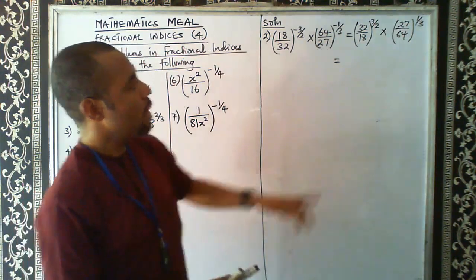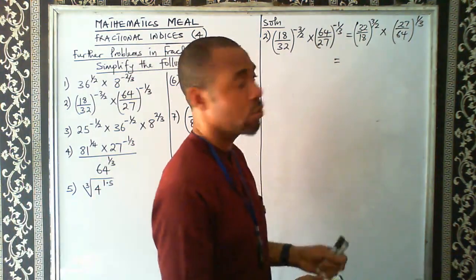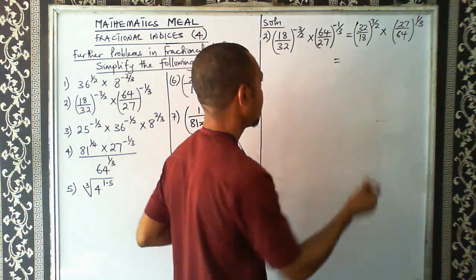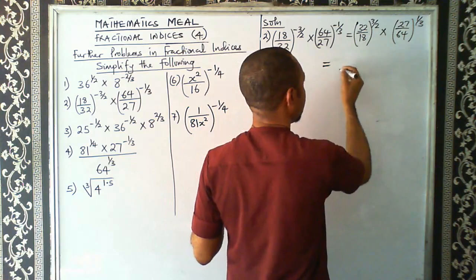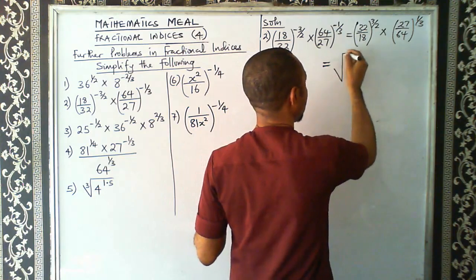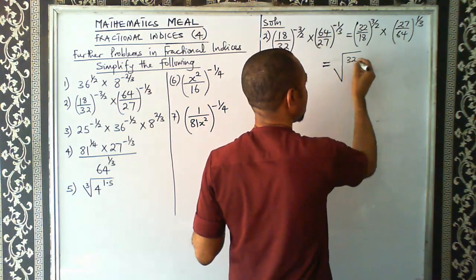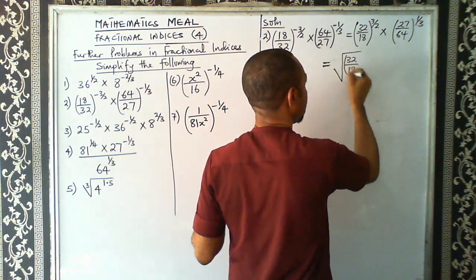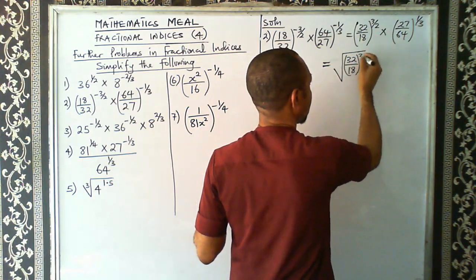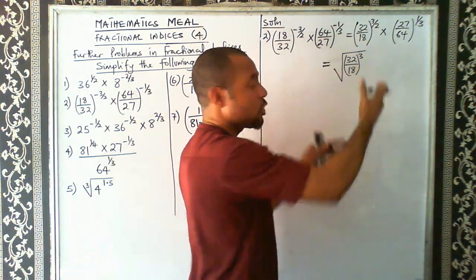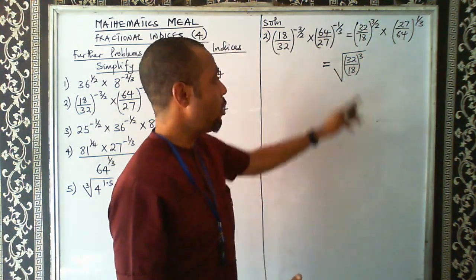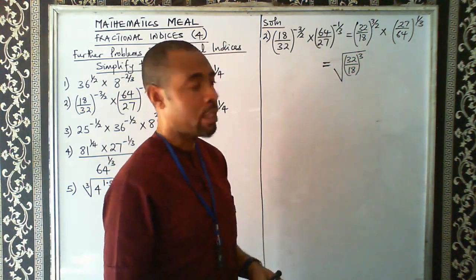Now, if you look at this closely, let's write it in root power form. Something will happen along the line. So in root power form, this will be the square root of (32 over 18) raised to power 3. 2 is the root, 3 is the power. So we distribute 2 and 3 on that base.